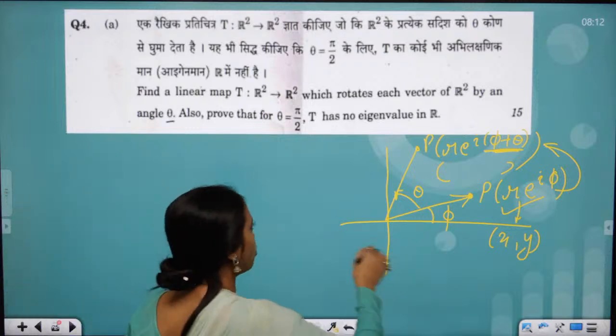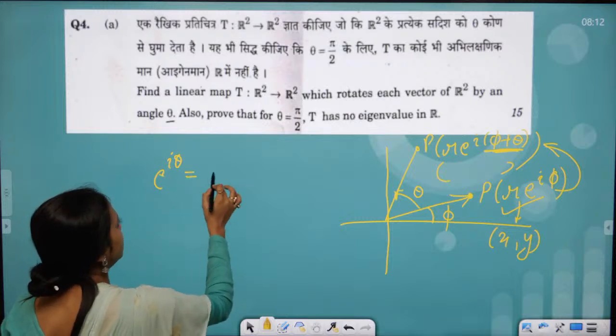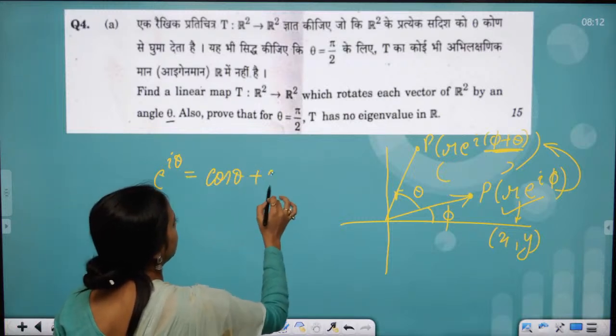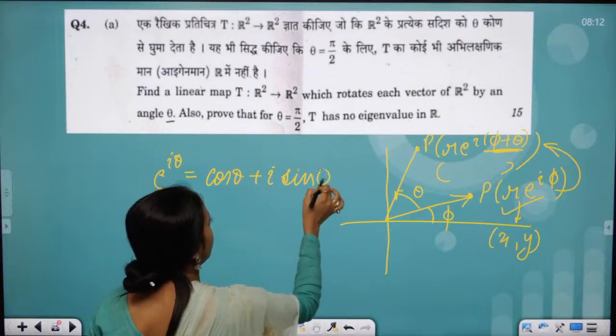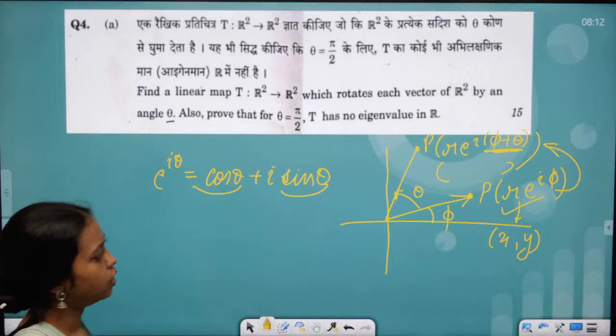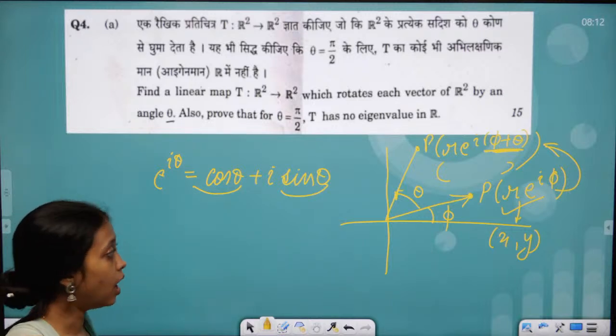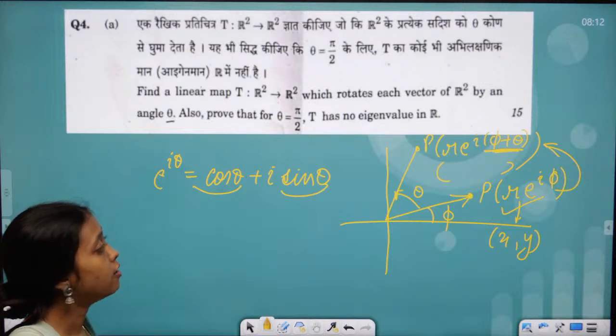Just open with the help of e raised to the power iota theta equals cos theta plus iota sin theta, right? This will give you the x coordinate, this will give you the y coordinate, and you can get the answer. Also the r and the phi.